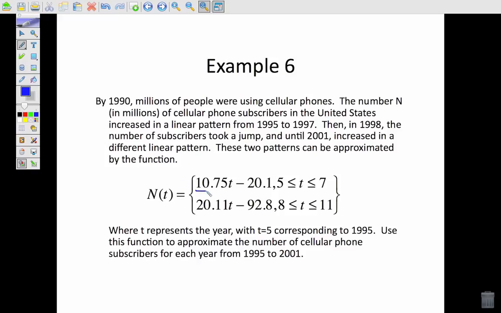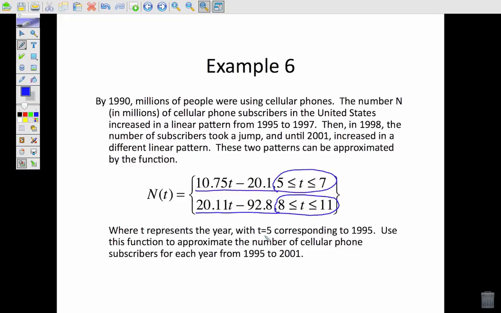All right, here we got line 1, and this is between 95 to 97. You can see here that the 5 and the 7 represent the years from 95 to 97. And then the second linear equation for the years of 98 to 2001.